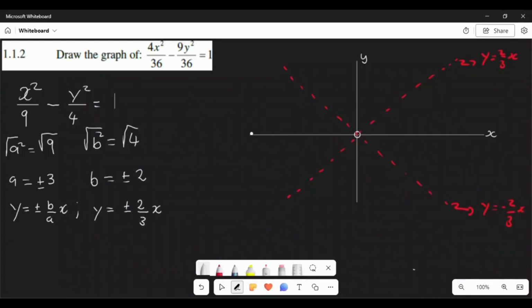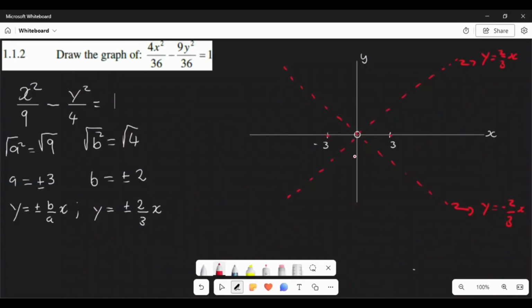As you can see, it's positive 3 and negative 3. Let's just say this is negative 3 and that one is positive 3. So our graph is gonna intersect here.